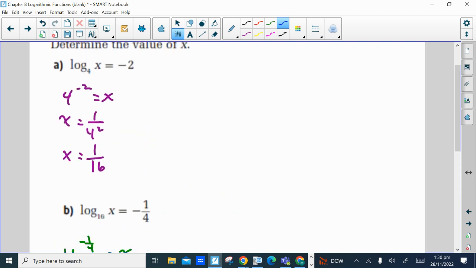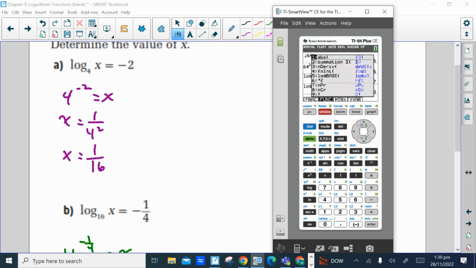Question A, log base 4 of what number is negative 2? We found our answer to be 1/16. So log base 4 of 1/16 should equal negative 2, and it does.